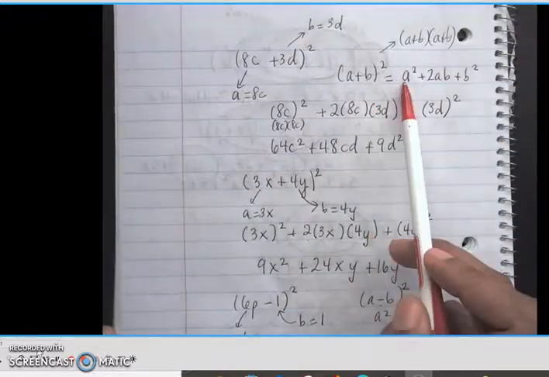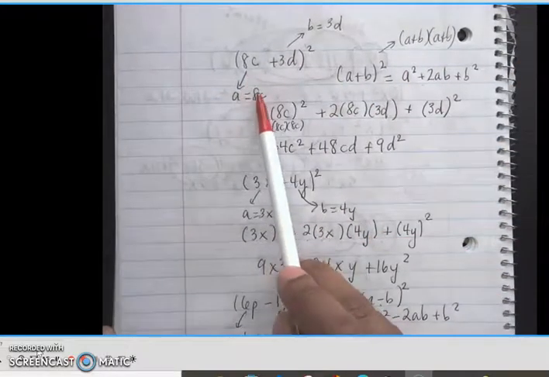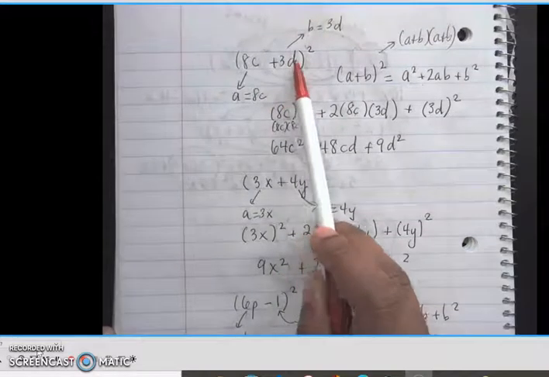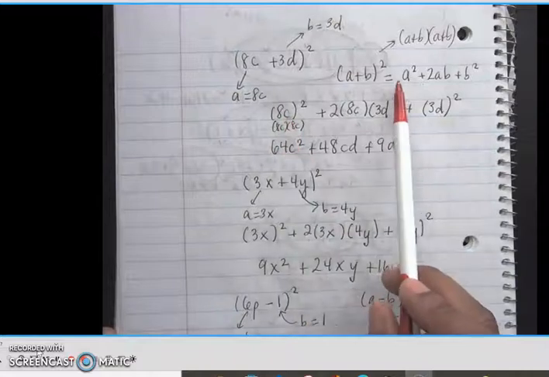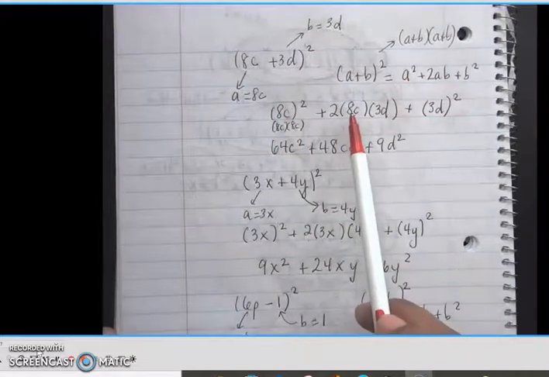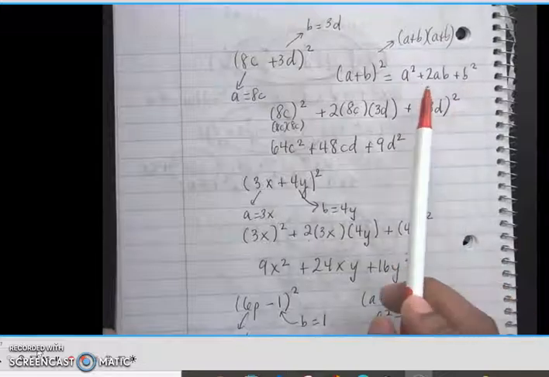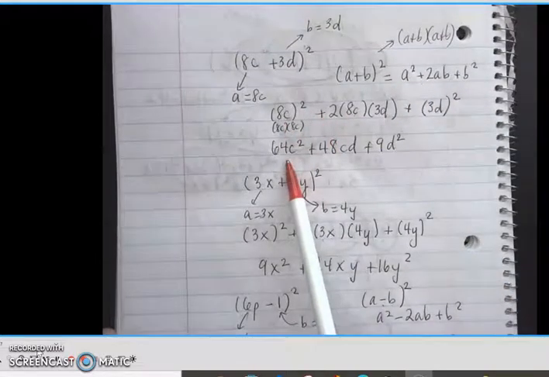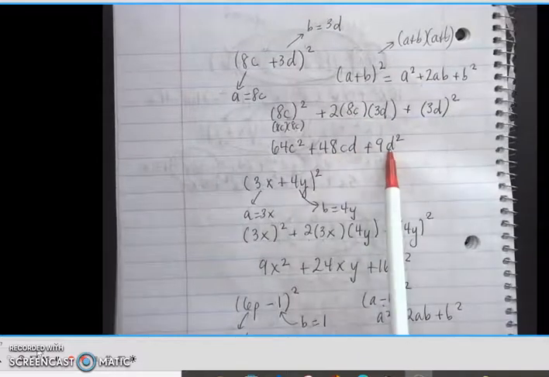And so all you do is, if a is the first term, which in this case is 8c, b is the second term, which is 3D, then I just plugged in the a squared, 2 times a times b plus b squared. So I just used this formula, plugged in the terms, did my math, and that's where I got 64c squared. This is 48cd, and this is 9d squared.